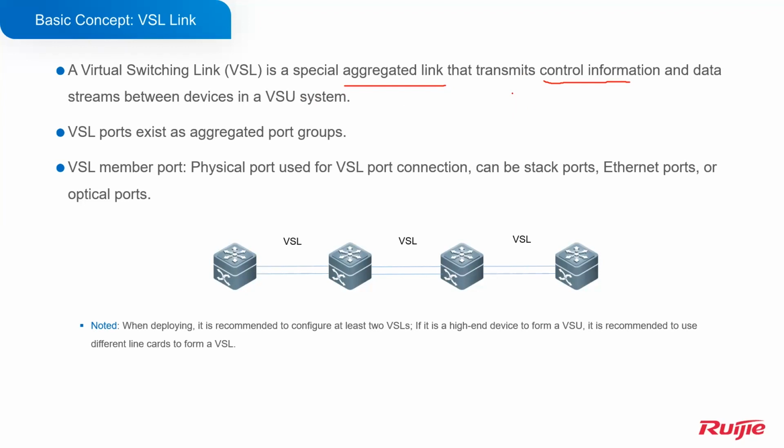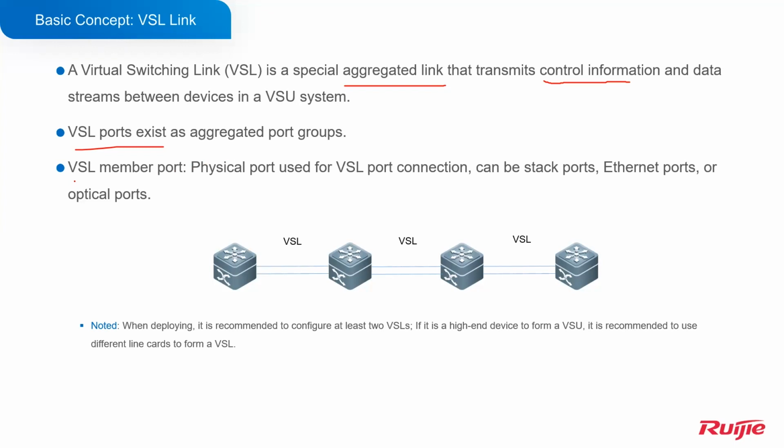But usually we will transfer control messages. For example, how to detect whether our neighbor is working or not, how to do the negotiation to select who will become master, who will become backup, something like this. And the VSL ports usually exist as an aggregated port group, so you can improve your network reliability.